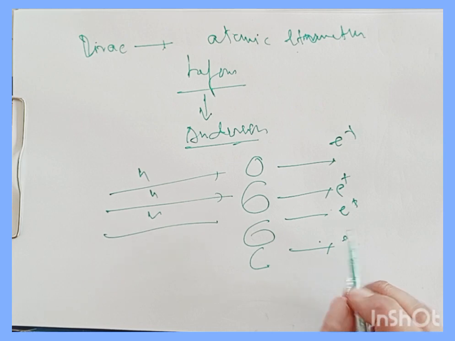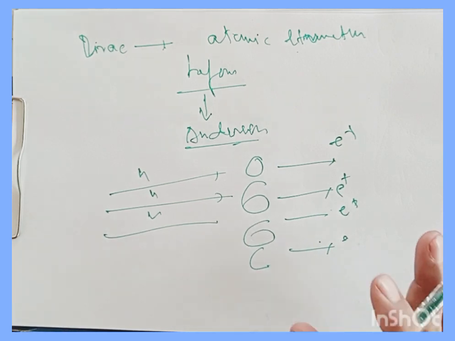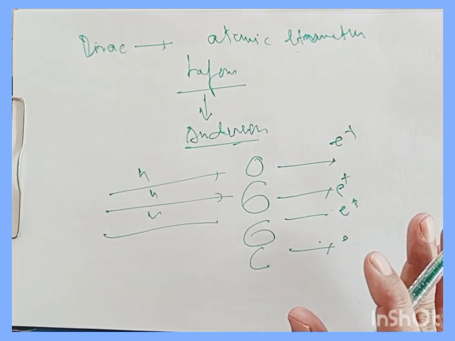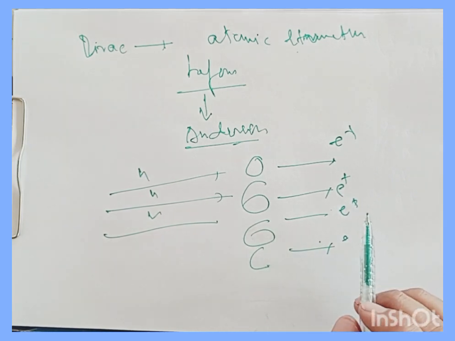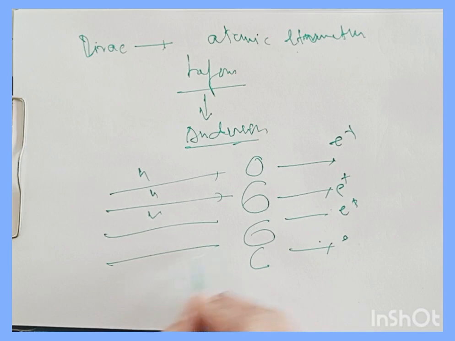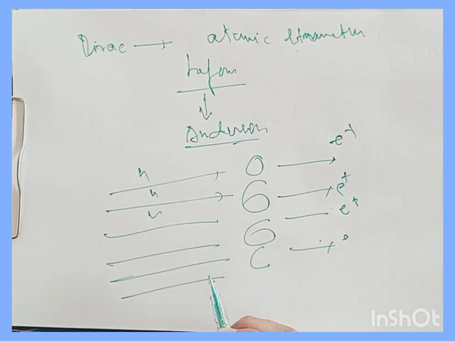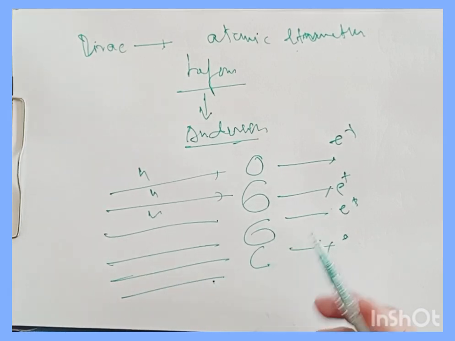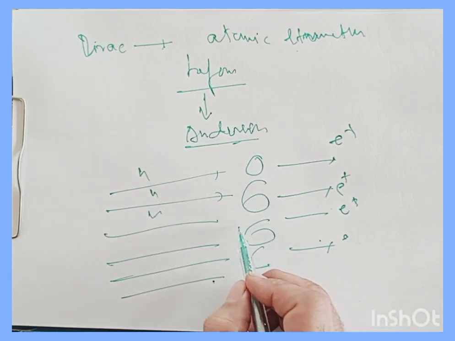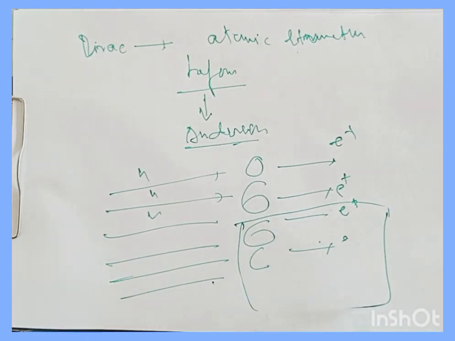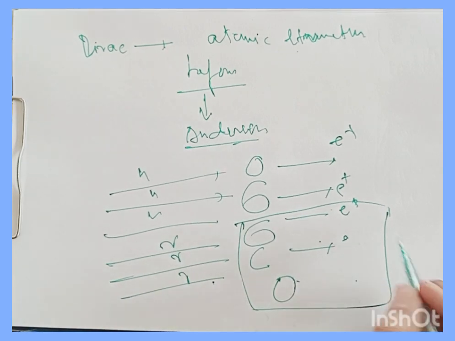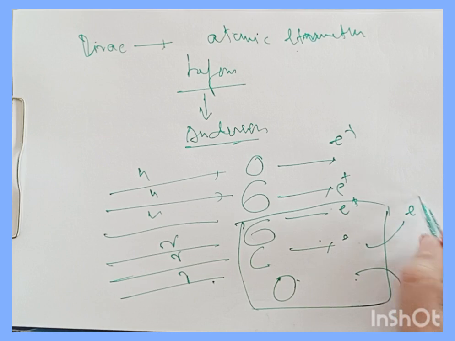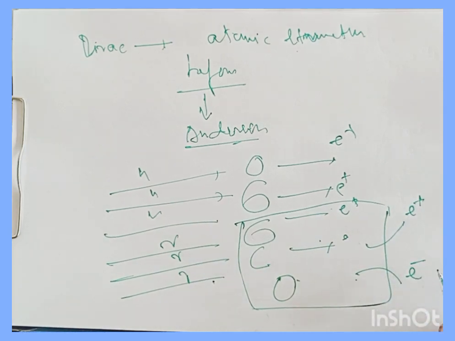And Anderson showed that they are also produced on bombardment of nuclei by penetrating gamma rays. In such cases, electrons and positrons are produced in pairs, where we subject nuclei to gamma rays, and we find them in pairs, positron and electron.